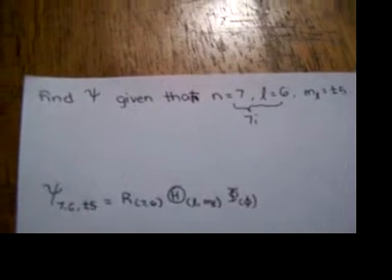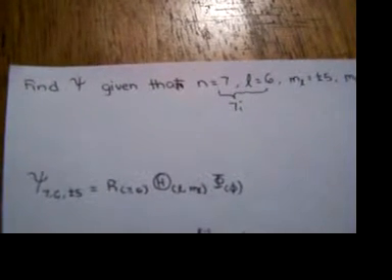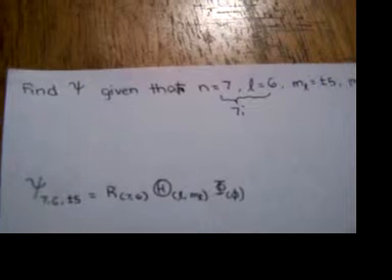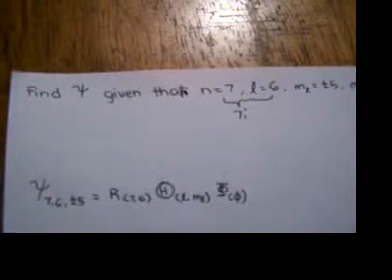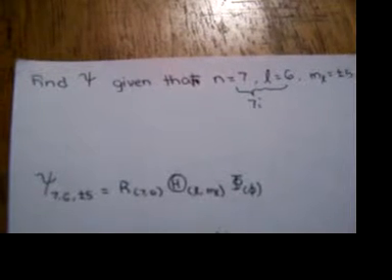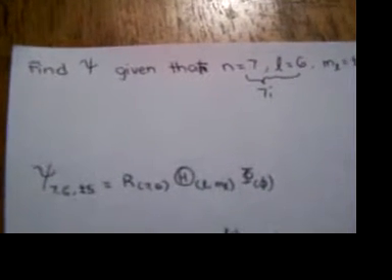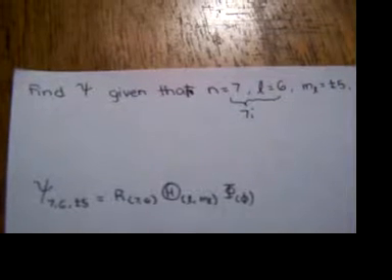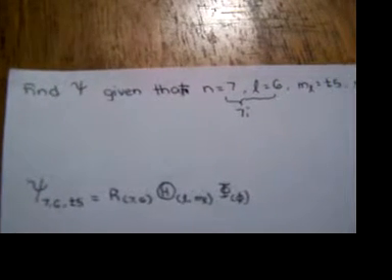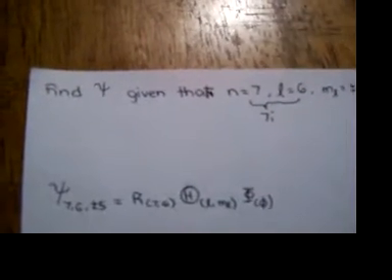The theta function accounts for the L and ML quantum numbers, while the phi accounts for the ML quantum number. Lastly, the radial function accounts for the N and L quantum numbers. So to start off, we'll solve first for the R.